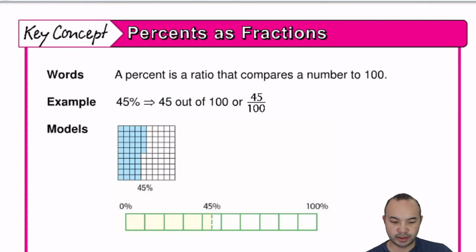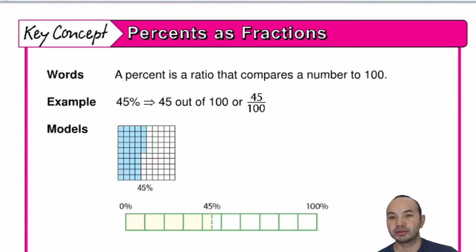Okay, so here's another small example. A percent is a ratio that compares a number to 100, like we said before. So 45% is saying 45 out of 100. As you can see here, we have a model of a square that's split up into 100 little squares, and 45 of those are shaded. So that's a visual representation of what 45% is.